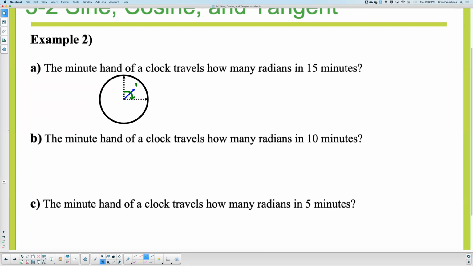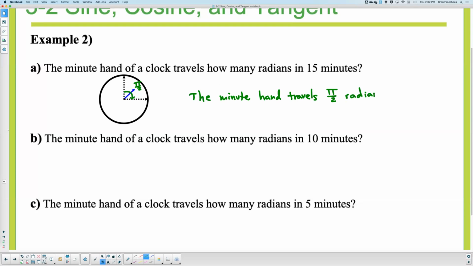It would be pi over 2. Now, you would think in math it would be negative, but this isn't a mathematical problem. This is a real world problem. And in the real world, travels means distance, and distance is always positive. So we're going to say the minute hand travels pi over 2 radians.